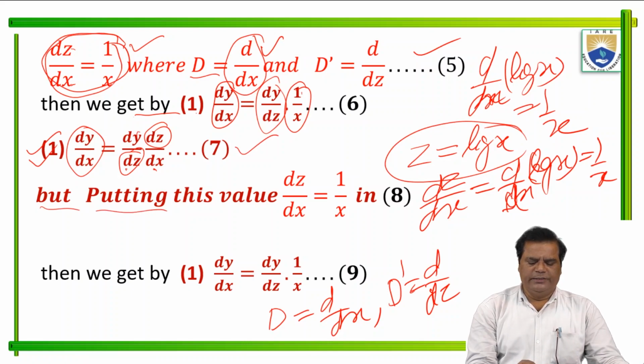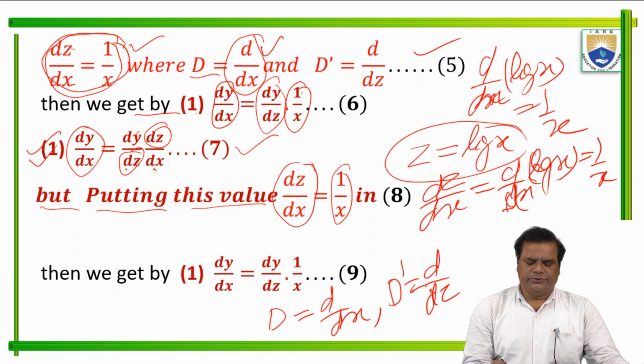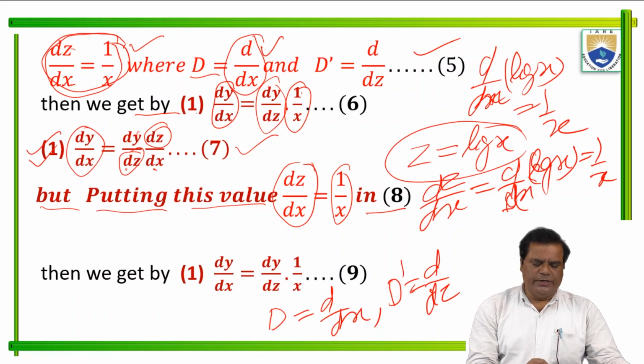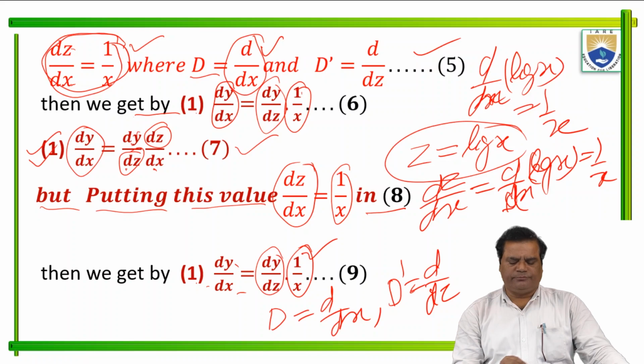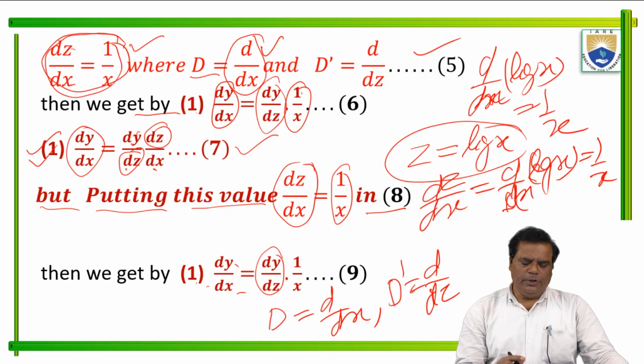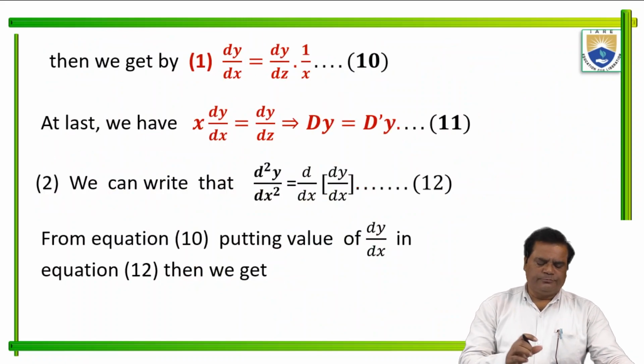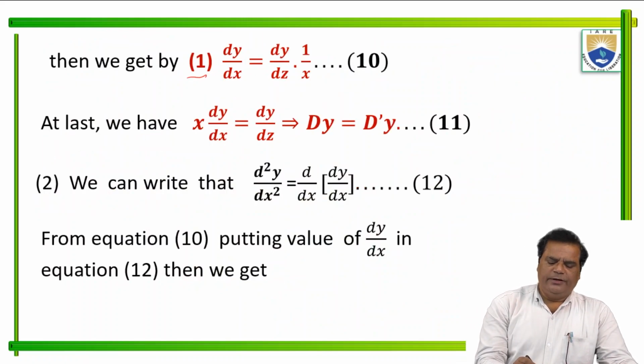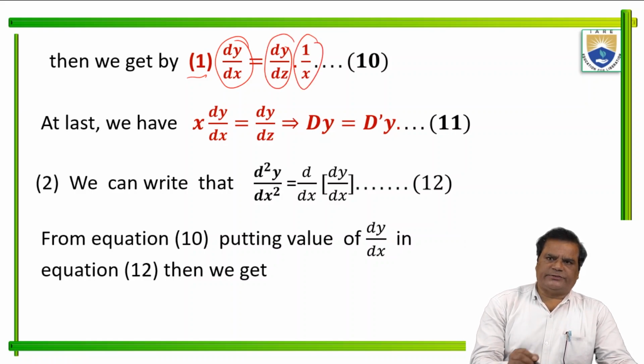Putting the value dz over dx equal to 1 upon x in equation 7, we get dy dx equal to dy dz into 1 upon x. This is equation number 9. So now we get y1, dy dx, equal to dy dz into 1 upon x.